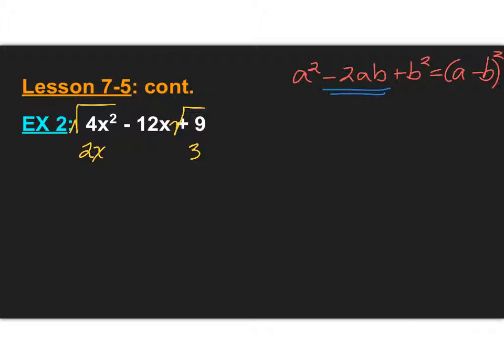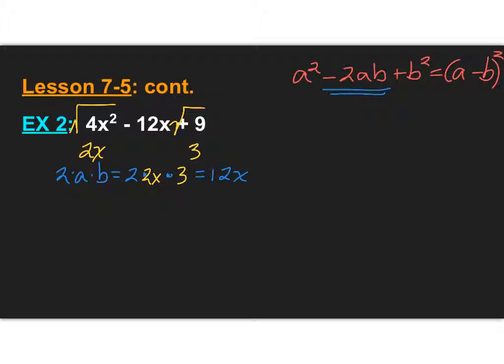So let's test it. 2 times a times b equals 2 times, and then if you recall, this is our a, so I'm going to put in 2x for our a, and this is our b, so I'm going to put in the 3 for our b, and then I have to multiply all three of these together. 2 times 2 is 4, 4 times 3 is 12, times the x is going to give us 12x.